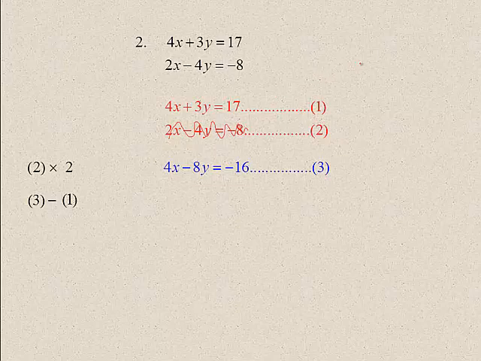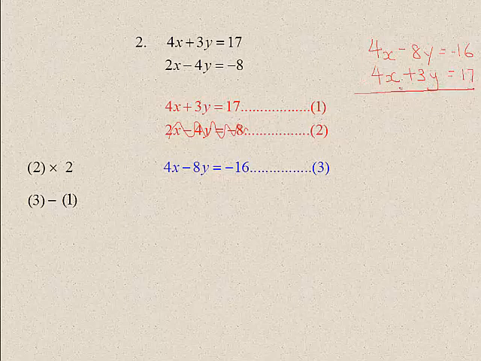Now guys, I'm going to do this at the side here so you can see exactly what I'm talking about. I have 4x minus 8y is equal to minus 16. The next equation I have is 4x plus 3y is equal to 17. And what did I say I want to do? I want to subtract the two equations.